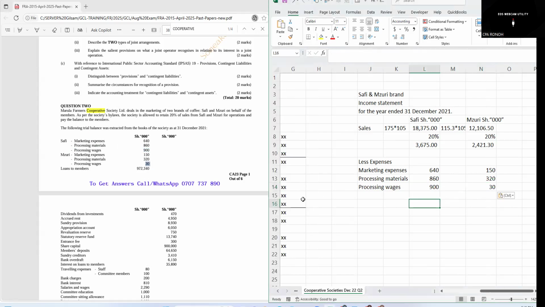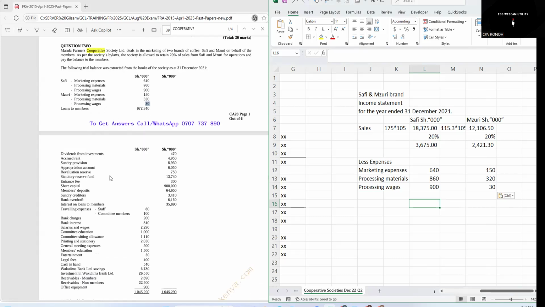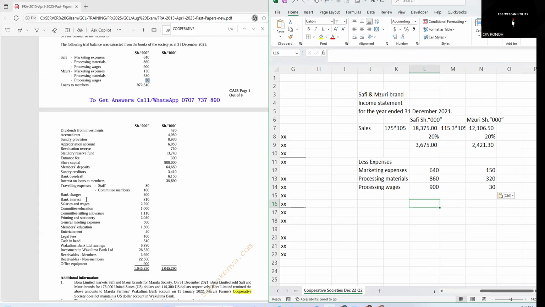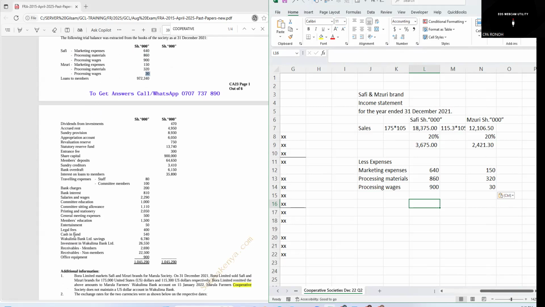Do we have any other expenses? Let's check, specifically for the brand. I think we don't have, so we can take the total expenses and subtract from the total revenue so that we can get the surplus.